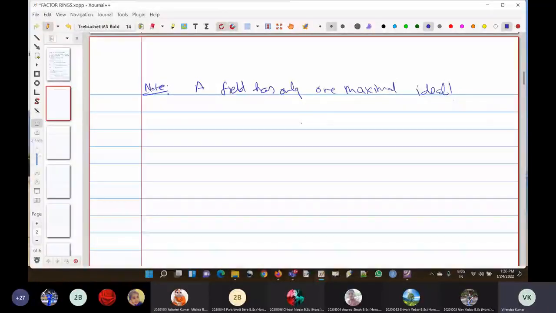A few things, let us see, and then we can see about prime ideals. Let us have similar examples in the case of prime ideals.